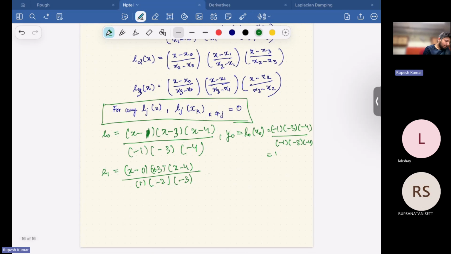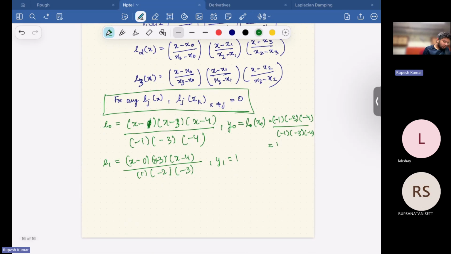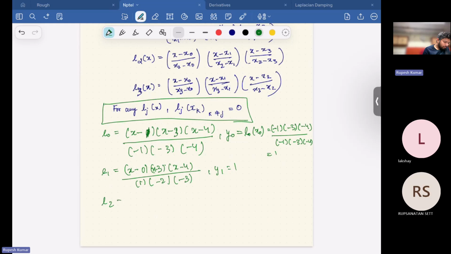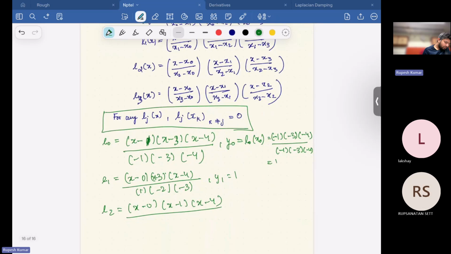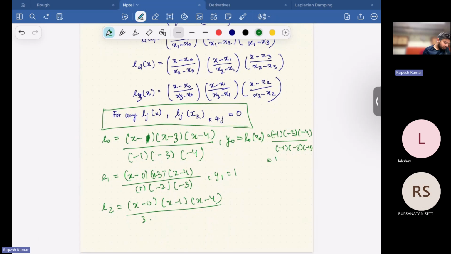Again, y1 equals 1. Then L2 would be x minus 0, x minus 1 into x minus 4, divided by 3 minus 0, 3 minus 1, 3 minus 4. So 3 minus 0 is 3, into 3 minus 1 is 2, so plus 1.